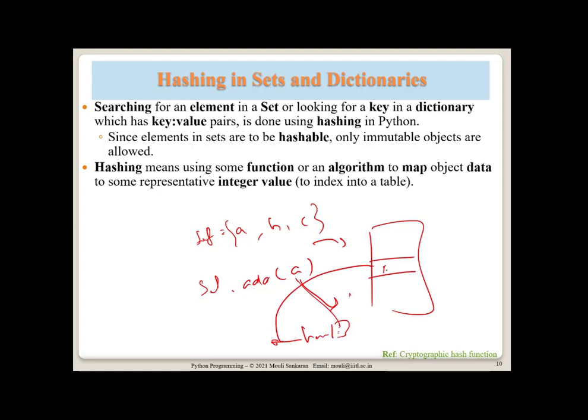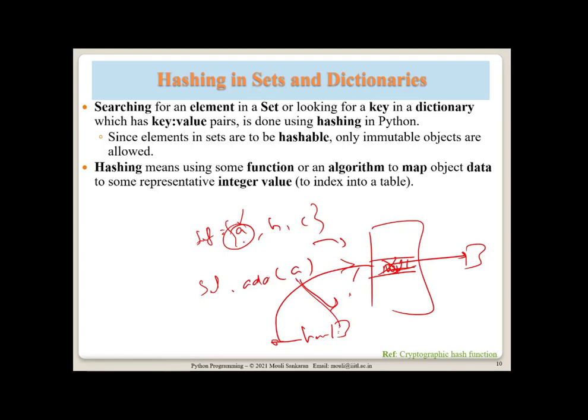If the index is null, that means that element is not there. If it is already pointing to some object or it is filled, that means this object is already there, then it will say that there is a collision or a duplicate. That means every time you compute the hash function for a given object, it should always result in the same hash. So it is deterministic.